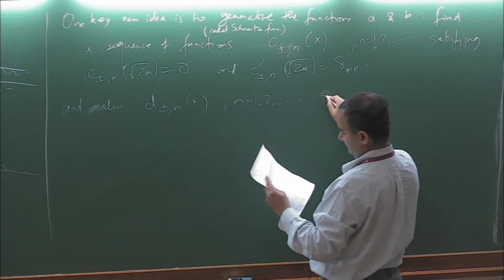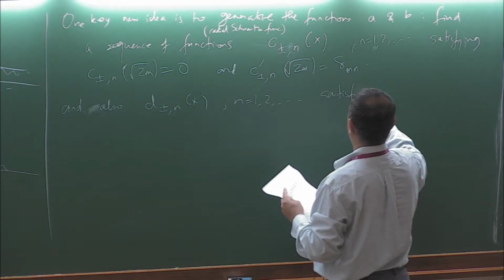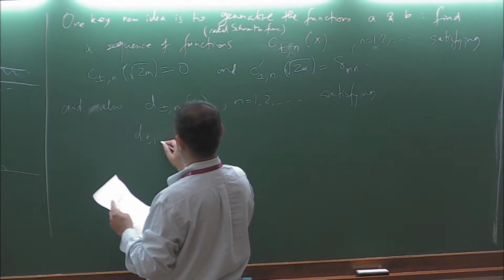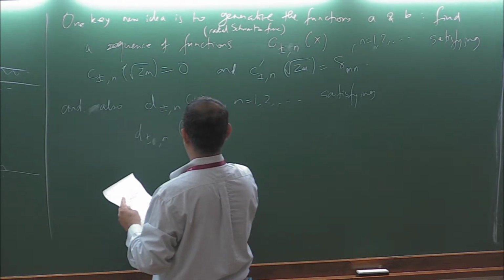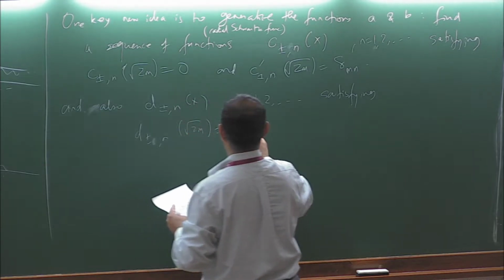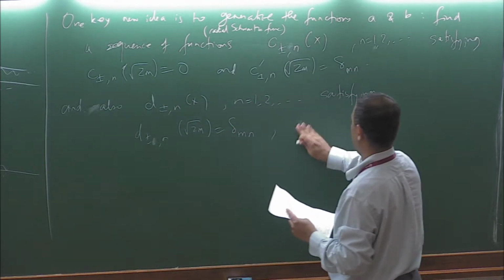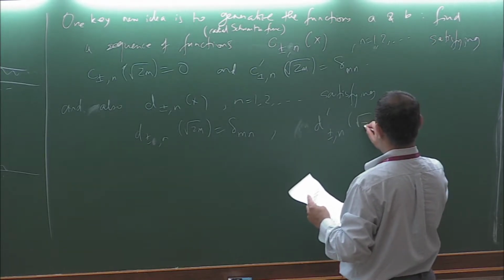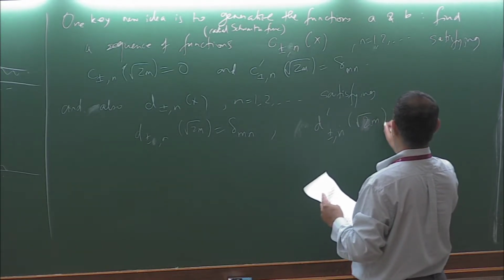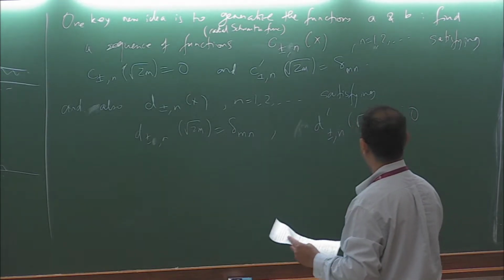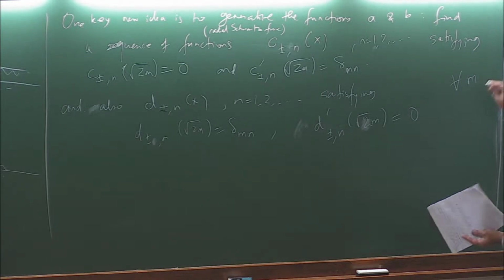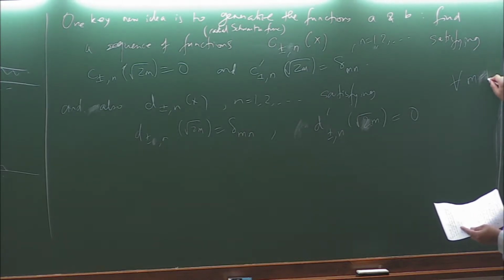But anyway, satisfying d plus minus n of square root of 2m is delta mn, and d prime is 0. This is for all m.